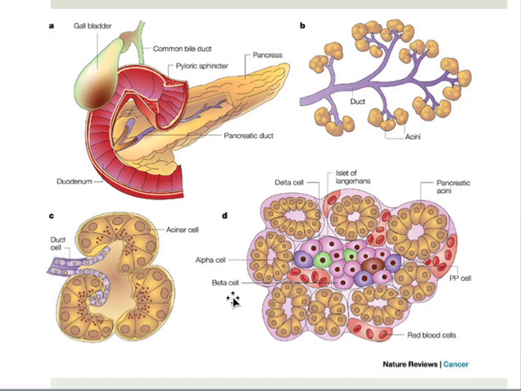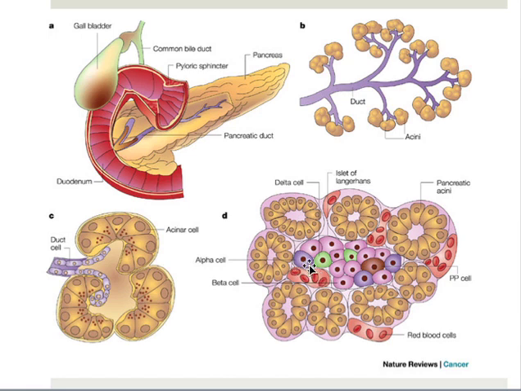Beta cells synthesize insulin, alpha cells synthesize glucagon, and those two are antagonistic with one another. Delta cells synthesize another hormone called somatostatin, and this hormone in particular inhibits both glucagon and insulin.